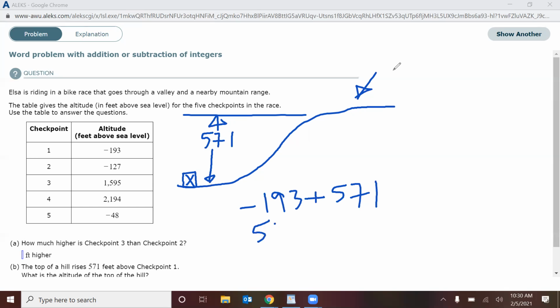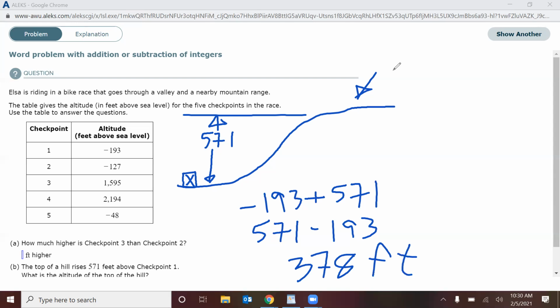I could rewrite this as 571 minus 193. When I evaluate that, I get 378. Again, this is a word problem, so I need to include the units. The altitude of the hill is 378 feet above sea level.